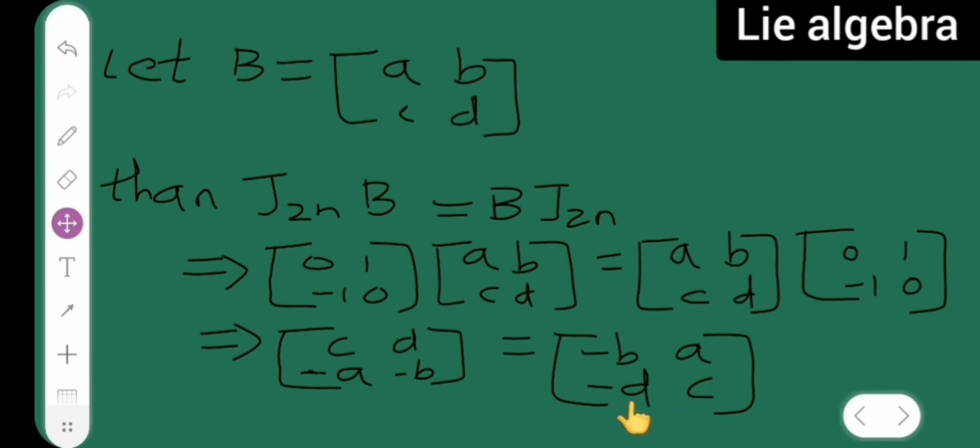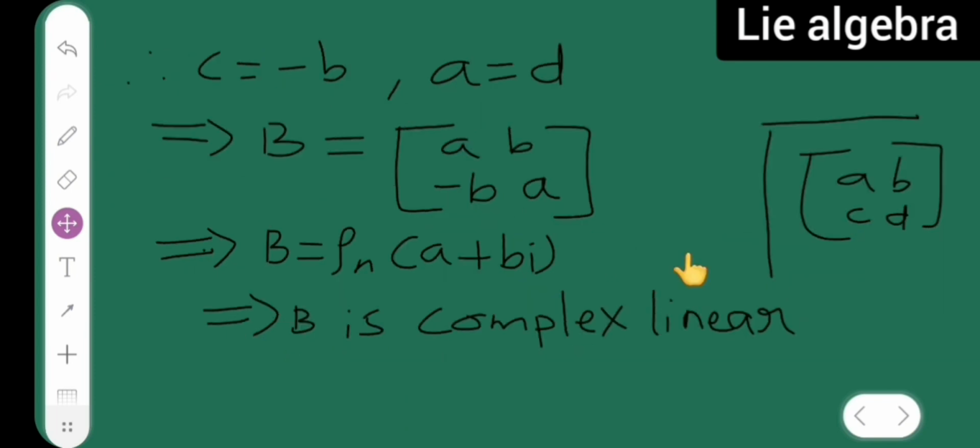I am getting this from the matrix. D is nothing but A, and C is nothing but minus B, from both sides. So I have written C is equal to minus B and A is equal to D, which implies that B is equal to, actually it was A, B, C, D, no? So instead of C, what is there?